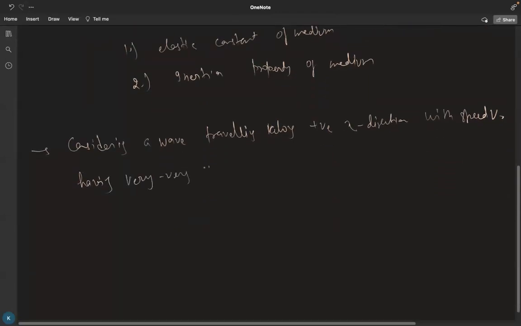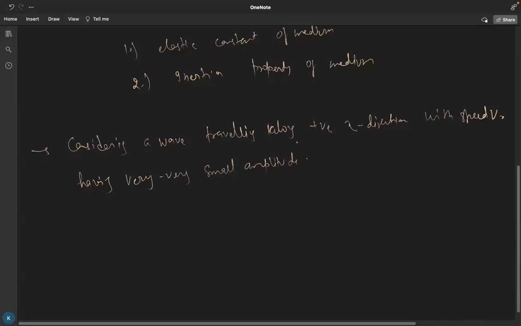So I'm assuming that a wave is traveling along the positive x direction with a speed of v, and the wave has a very small amplitude.